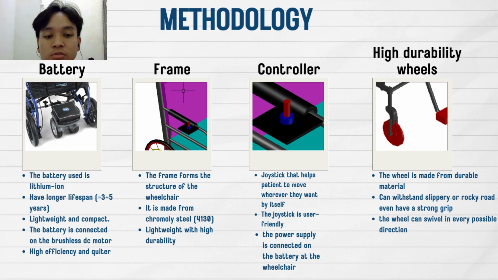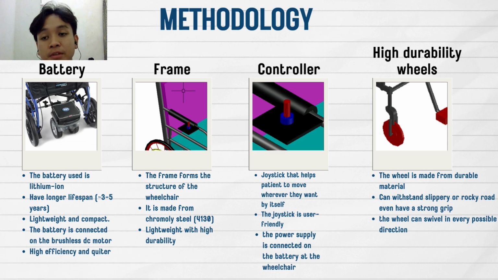The battery is also lightweight and compact, making it an ideal choice for mobility. The battery is also connected to a brushless DC motor, which provides high efficiency and quieter operation. The battery can also be charged continuously when it is depleted, for a longer lifespan.